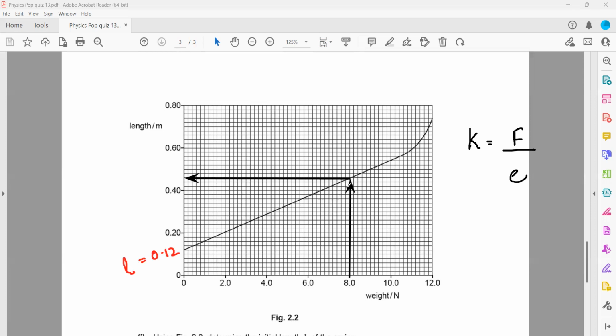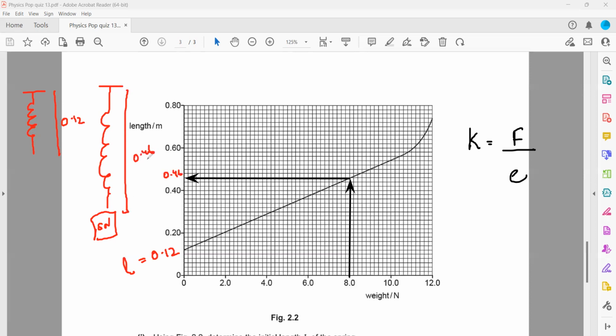When nothing was attached to the spring, it had a length of 0.12. When we add a load of 8, and any load you take won't make a difference to the answer, how much is the length? This is 0.42, 0.44, 0.46. So this length equals 0.46.